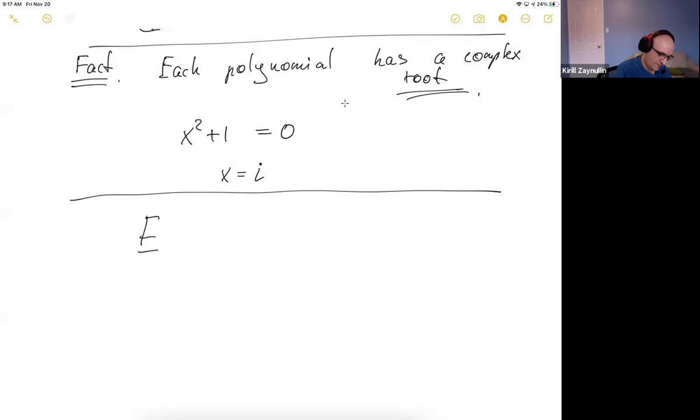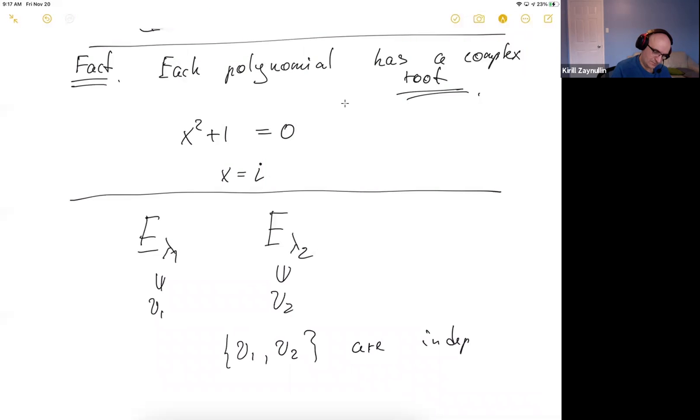If you have one eigenspace and another eigenspace, with one vector from each, they are non-zero, of course, then v1, v2 are independent. Indeed, this holds for any sets. You can take a linearly independent set in E lambda 1 and a linearly independent set in E lambda 2.